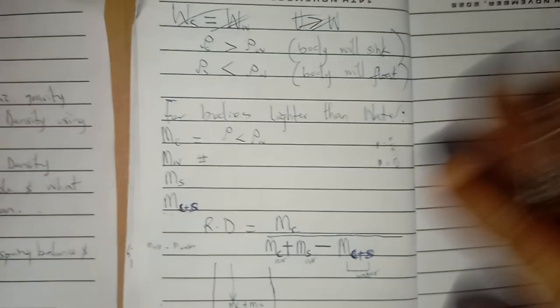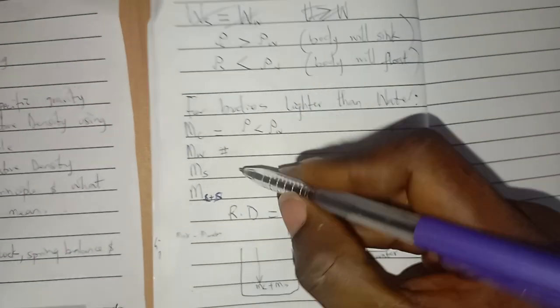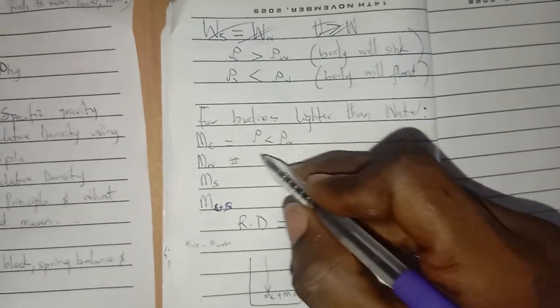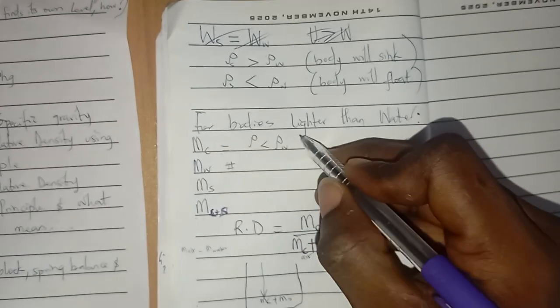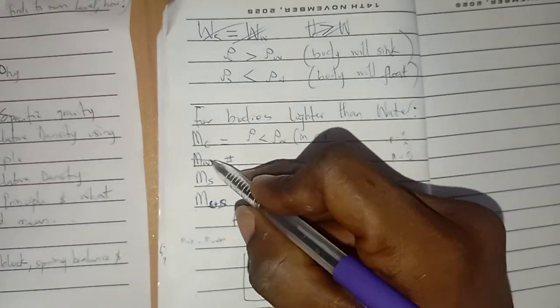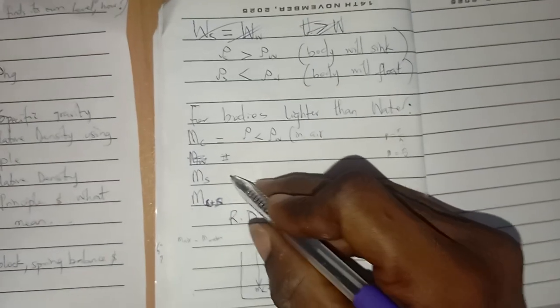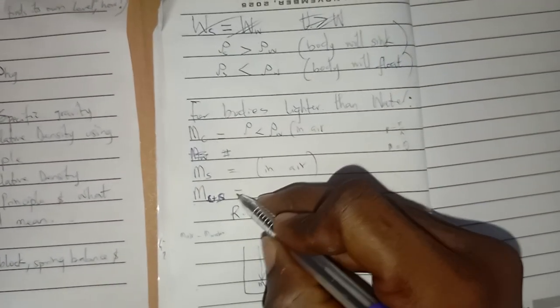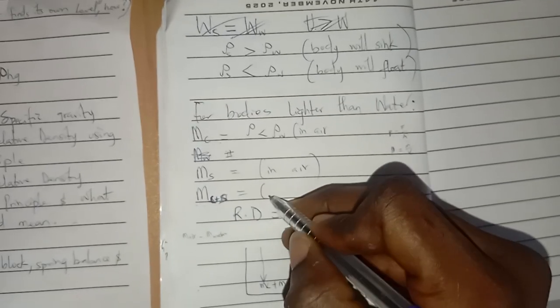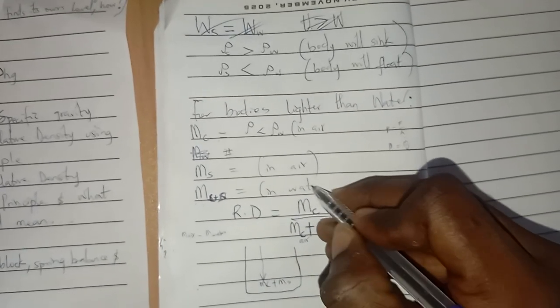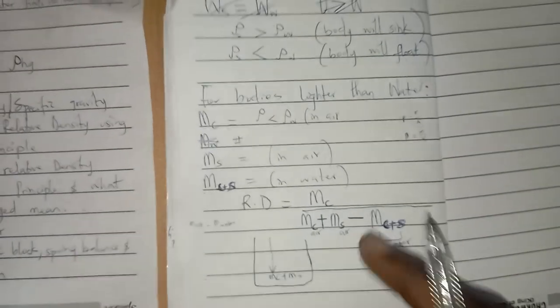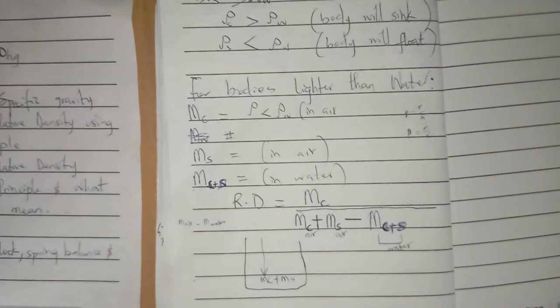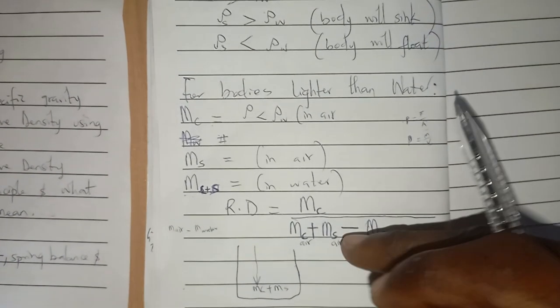So you can say this is mass of the cork in air, mass of the sinker in air, and this one is in water. So this will be the relative density. So for floating bodies, this is how you need to look at it.